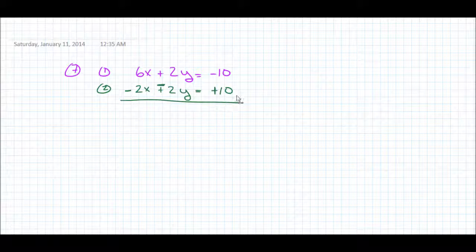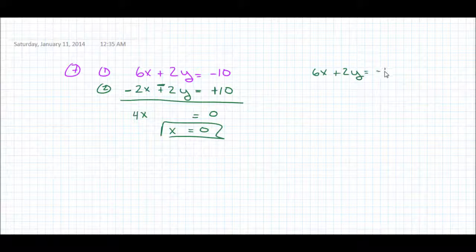So now we can just subtract these equations. So 6x minus 2x is 4x. 2y minus 2y is 0. And negative 10 plus 10 is 0. So 4x equals 0. So divide each side by 4, and you find x is equal to 0. So you plug that into either equation, and you get 6x plus 2y equals negative 10.